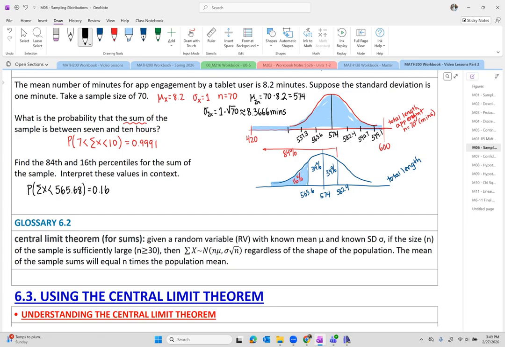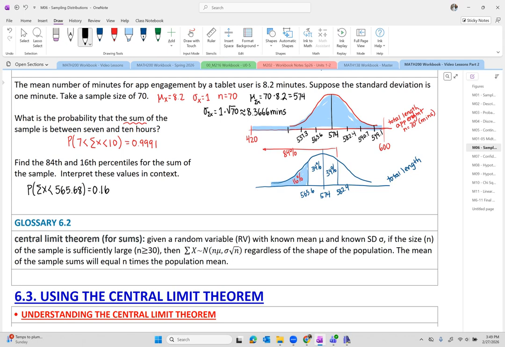And in English, 16% of the time, the sum of the times spent for app engagement by 70 tablet users is expected to be 565.68 or less.